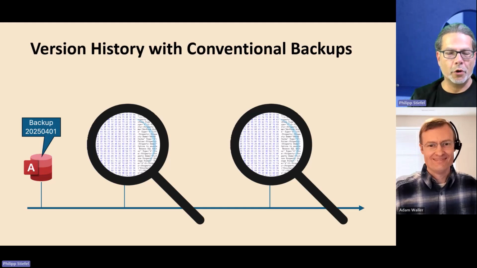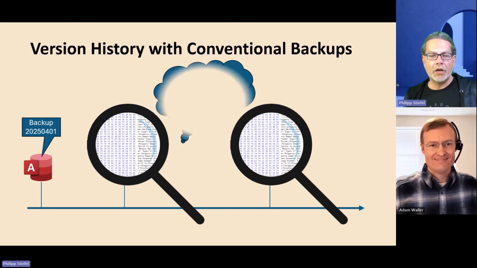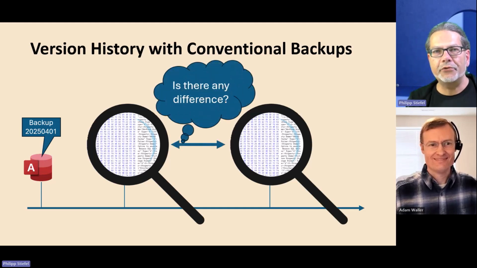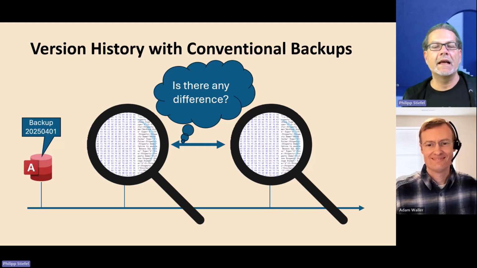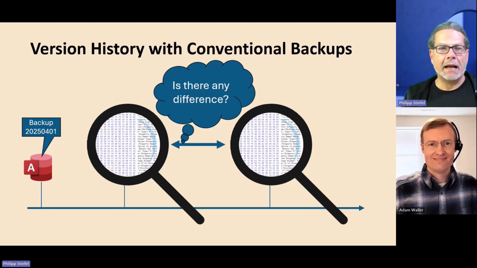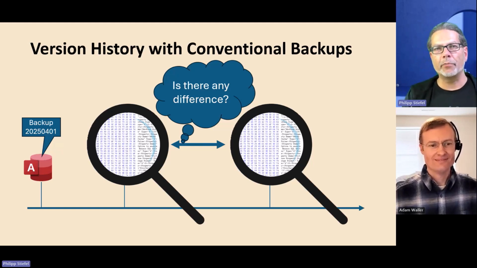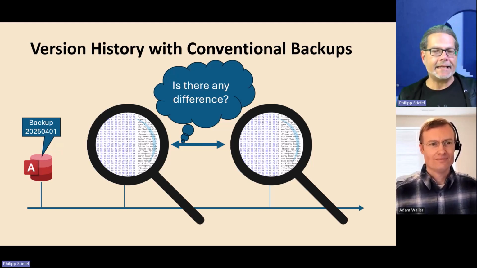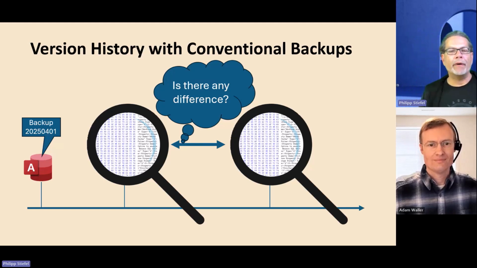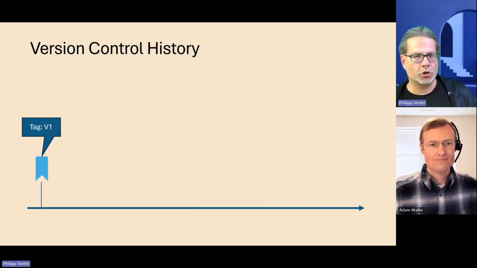If all your versions look like this, how can you tell if there is any difference between them, or what is the difference? So this becomes very time consuming, even if you open your backup in Access. Finding out what changed from the previous backup is a real pain. Compare that with a version control history.